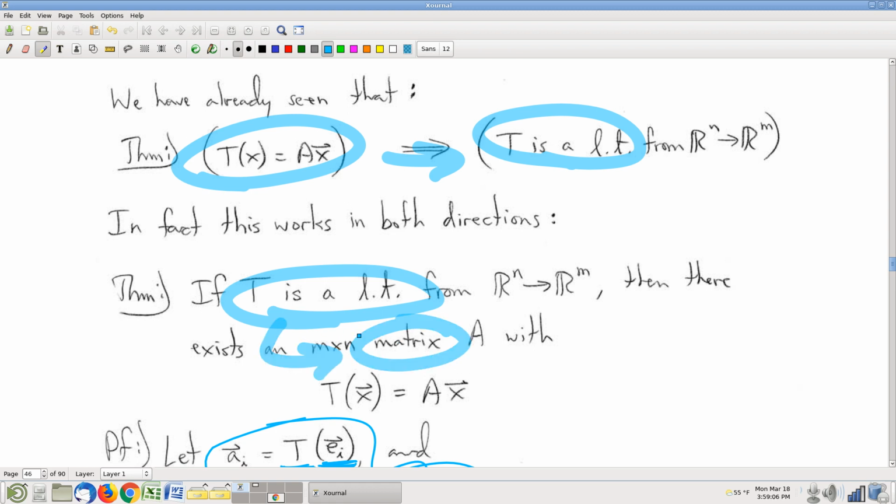So what we've seen, at least in Rn, is that if you give me a matrix, there is a corresponding linear transformation and vice versa. So there's a perfect pairing between matrices and linear transformations. You give me one, I give you the other. It's not like they're exactly the same thing, but you can kind of think of them that way. Certainly they behave the same ways in Rn. Not that there's anything wrong with that.